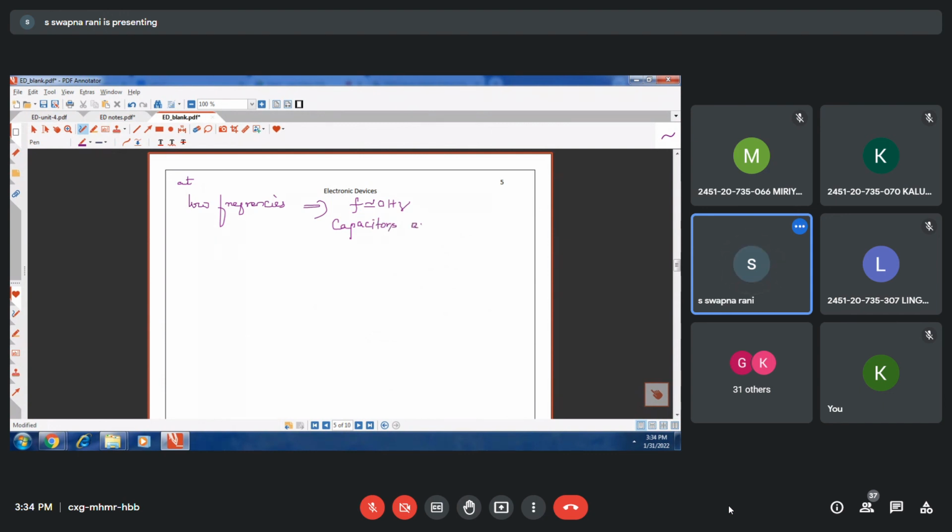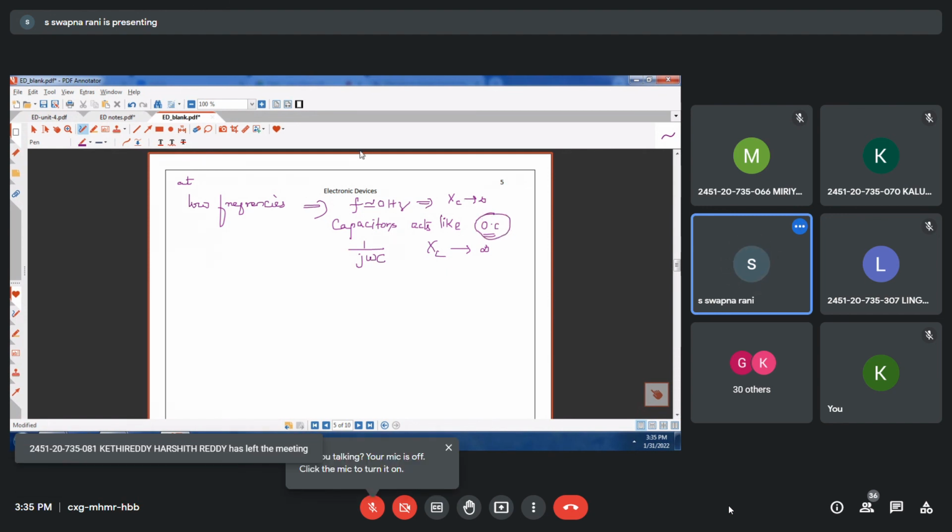Capacitors act like open circuit, because the reactance of the capacitor is 1 by j omega C. So if f is near 0, the reactance of the capacitor is going to be very, very high. Xc tends to infinity, and the capacitor acts like an open circuit.